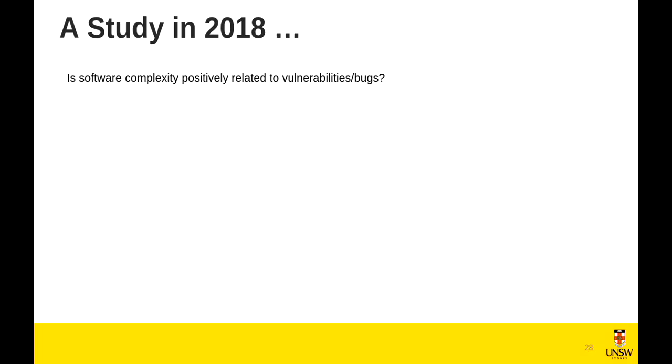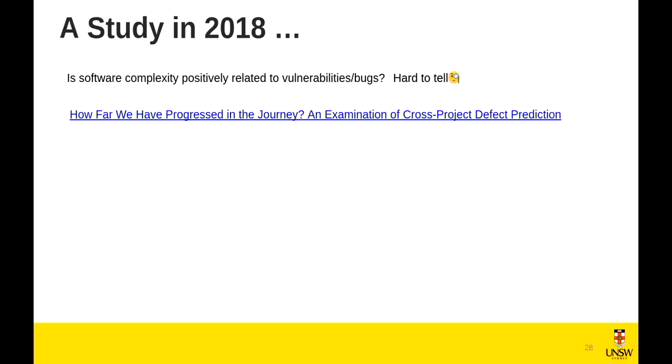If the complexity metric gives us a higher value, does it always mean there are more bugs? Does it always work like this? We can't say no, but it's actually hard to tell if we look at the system level of complexity.